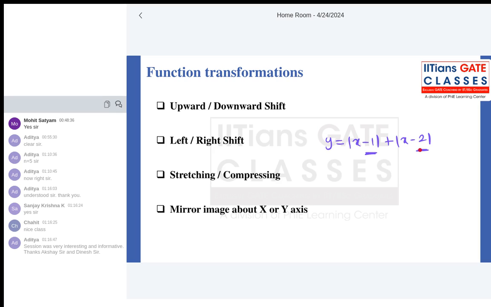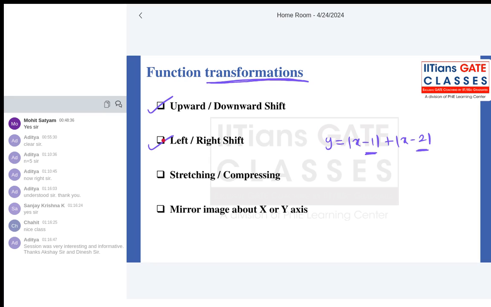There are certain function transformations that are possible using which you can shift the function upward or downward. Left to right shifting is also possible, and you can multiply with a constant. If that constant is greater than 1, that is called stretching or enlarging the function.